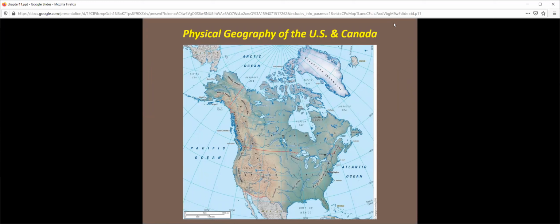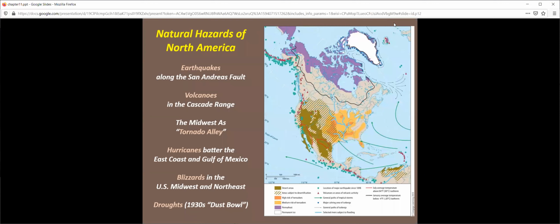You can basically find any climate, any type, any location in the world within the continental United States, and to a lesser extent, similarly Canada, right? You want to go to Arctic cold, run up to Alaska. You want to live in a tropical paradise? Go over to Hawaii, right? You want to live in a big bustling city? Go to New York. Like every possible thing you could want to do in the world, you can do in the United States, which is, you could argue, one of the reasons why the United States is in the position that it's in.